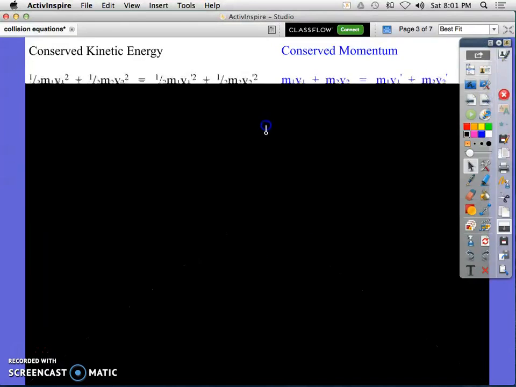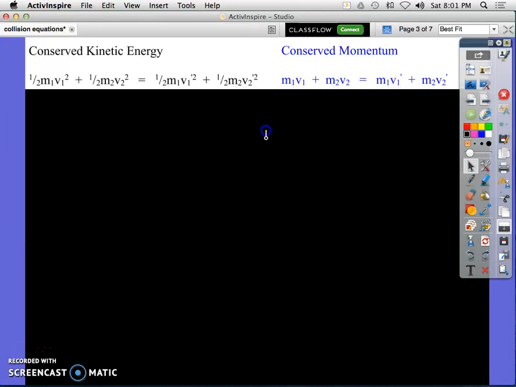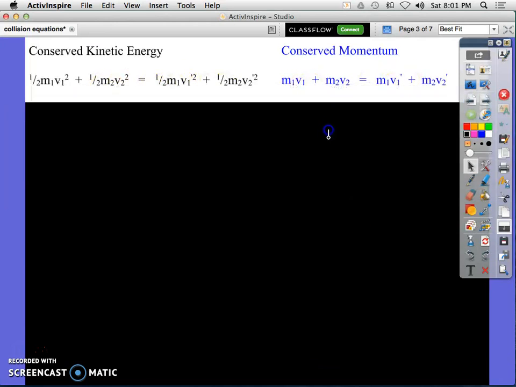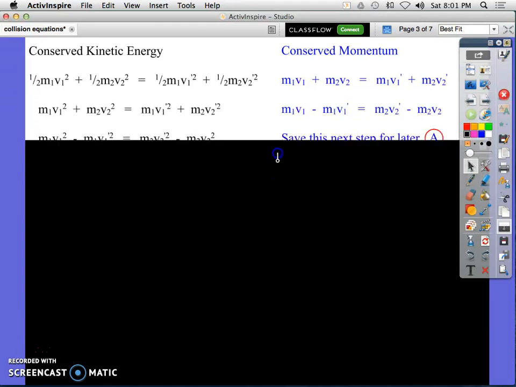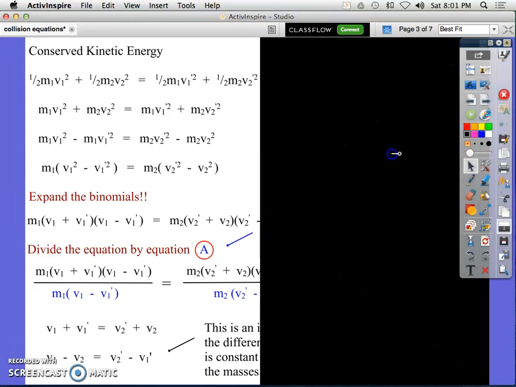Okay, now the rest of it is just manipulating equations to make this work. This takes a while and a lot of paper and a lot of effort, and a lot of substitutions. So there's the conservation of kinetic energy and the conservation of momentum. We have two equations, and at most we can only have two unknowns at a time. Let's look at the kinetic energy side.